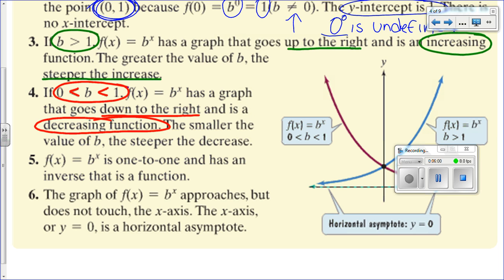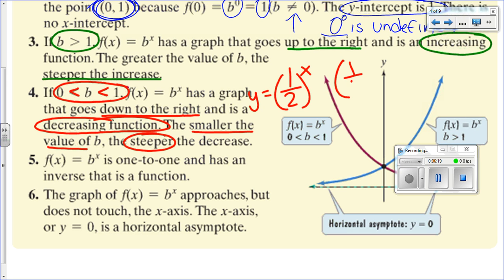And in this case, the smaller the value of b, the steeper the decrease. So if we were to graph, let's say, 1/2 to the power x and 1/4 to the power x, which one will be steeper?